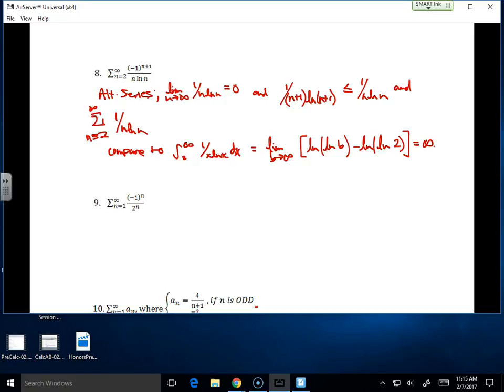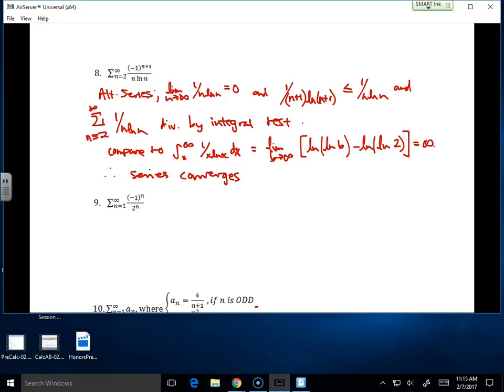Double check me though, I did it fast in my head, so I might be wrong. Well, that's what I thought. So we can say it diverges by the integral test. So then we can say series converges.